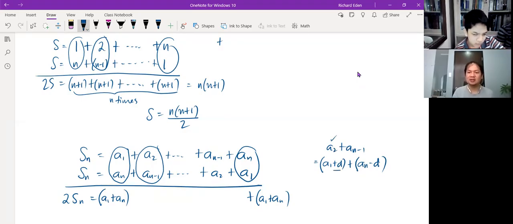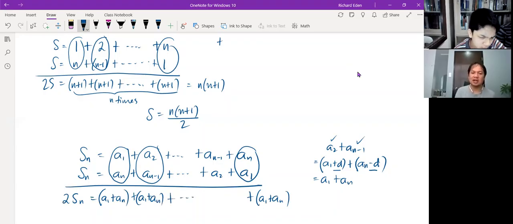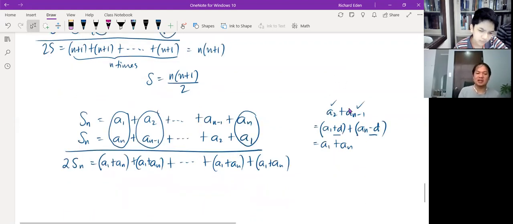From an to get to a sub n minus 1, you have to subtract a single d. So the number of d's added is the same as the number of d's subtracted. So the d's are going to cancel. This is still a1 plus a sub n. And by a similar argument, every other column will have a1 plus an as sum. And this appears n times.